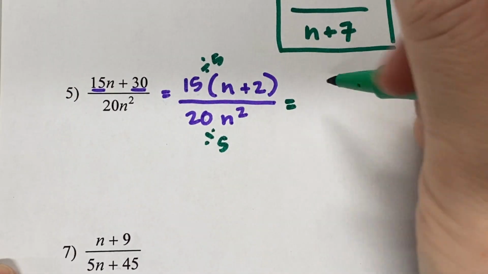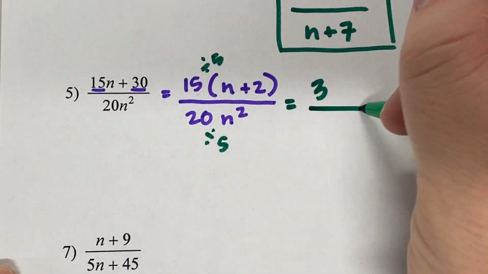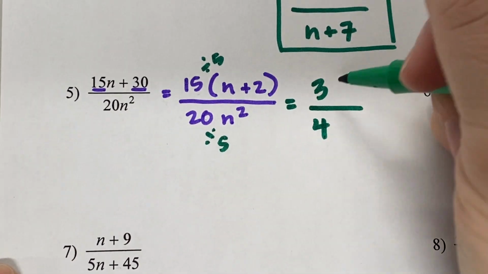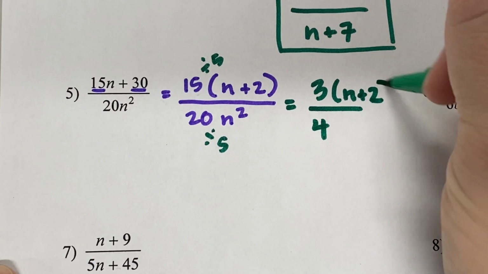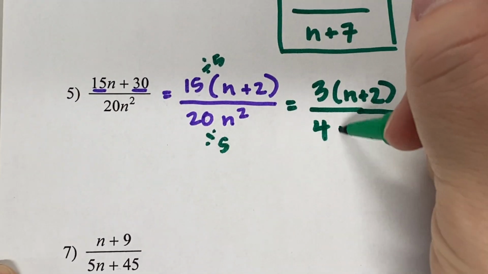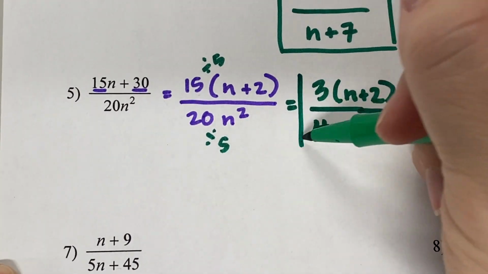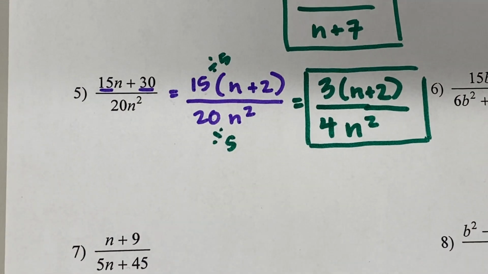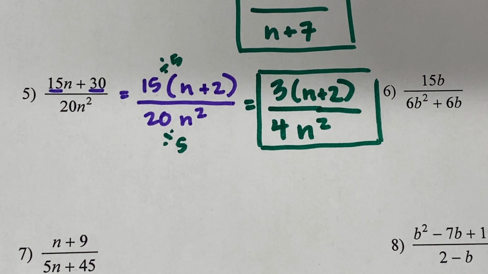So 15 divided by 5 would give me 3. 20 divided by 5 would give me 4. On top, I'm still left with n plus 2. On bottom, I still have n squared. So final answer, 3 times n plus 2 over 4n squared. Awesome job.